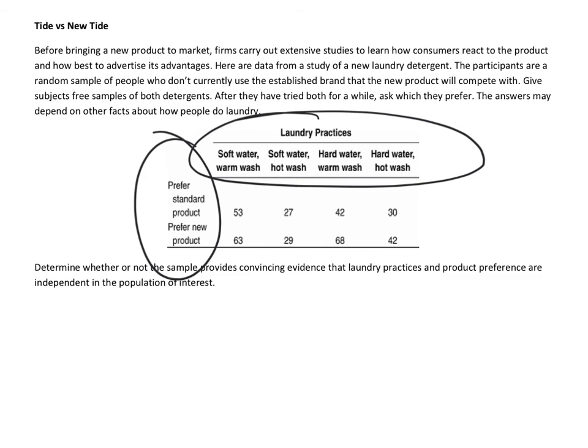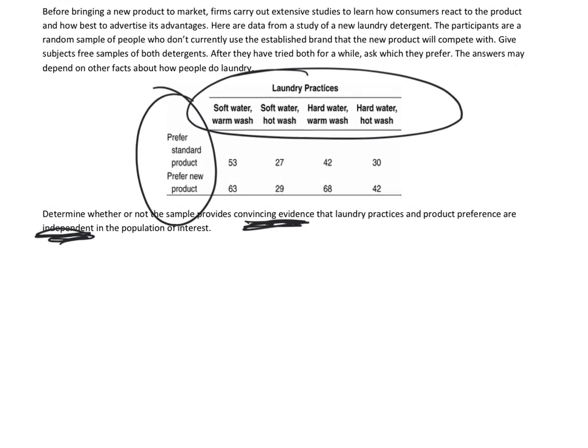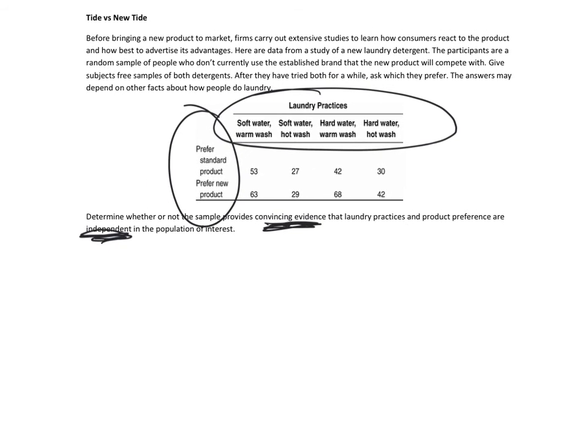So it just says, determine whether or not the sample provides convincing evidence. Anytime I hear convincing evidence, I'm thinking phantoms, that the preferences are independent of each other. Independent. There's our word independent. That's going to clue me in. So even before I put this in my calculator, let me just set up the null hypothesis and alternative hypothesis. And then we're just going to go for it in our calculator.